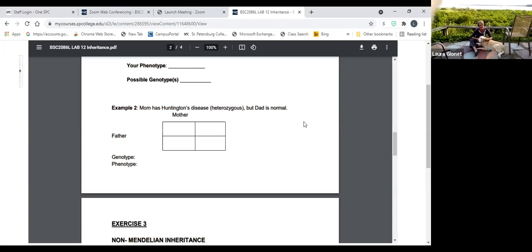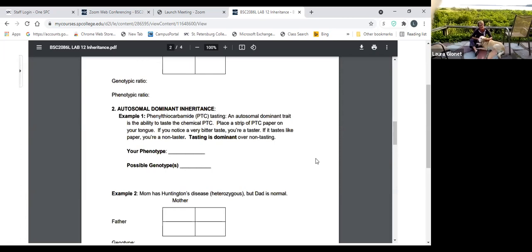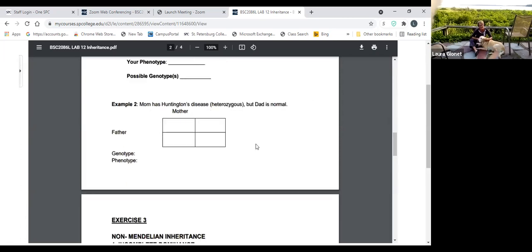That means you have Huntington's chorea. If you have inherited a capital H and a lowercase h, it means you're going to have Huntington's chorea. And then 2 lowercase h's equals normal. The exact opposite of what we looked at in autosomal recessive. Because that helps you keep this all straight.